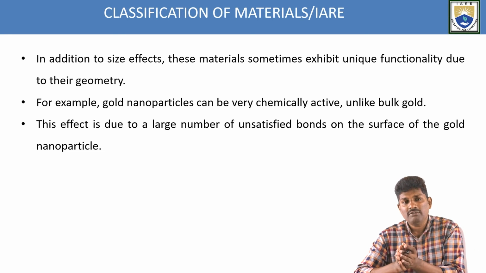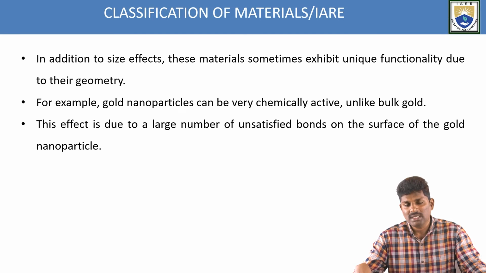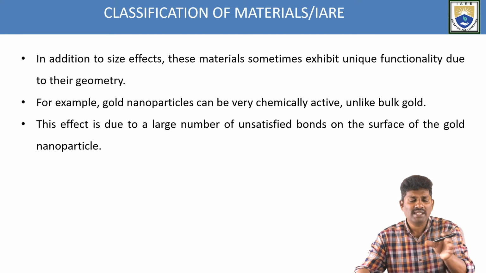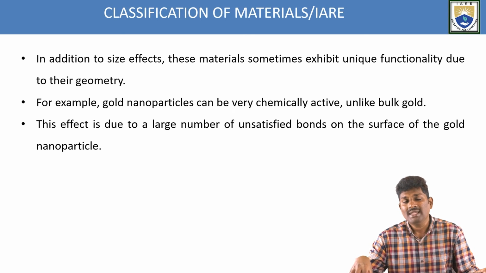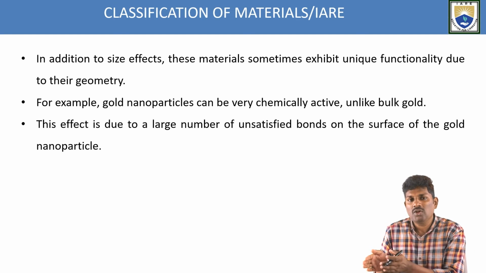So if you keep bulk gold aside the nano gold particles, the nano gold will have a high performance when you compare with the bulk gold. Why? Because the spread area of the nanoparticles is very high when you compare with the bulk gold material. So that is how there is a lot of difference between the nano and the bulk component.